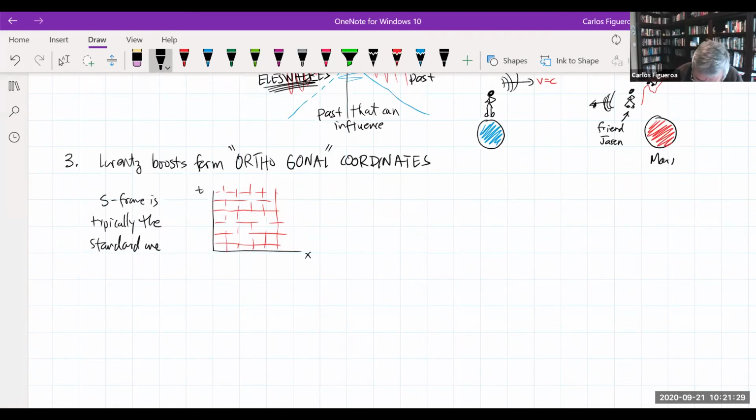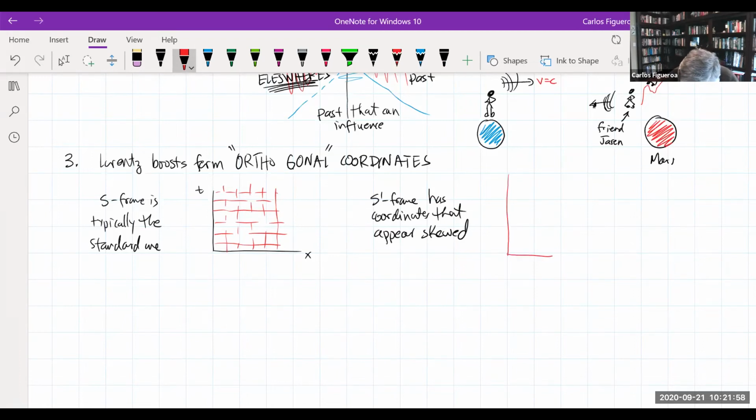But if you look at the Lorentz boost, they're not linear equations. So if I look at the S prime frame, their coordinate system is skewed. So the S prime frame has coordinates that appear skewed. In other words, if I look at the red one, I could imagine that it's like this, where this is t and this is x.